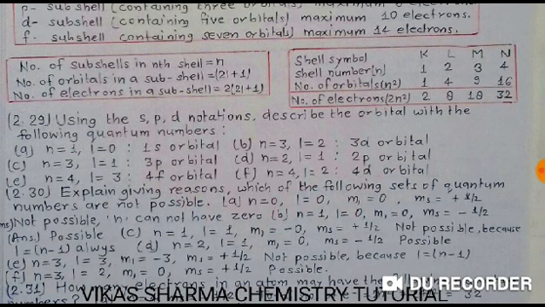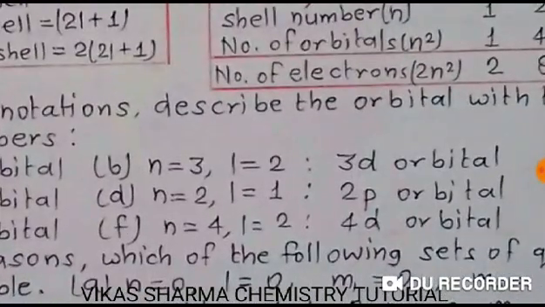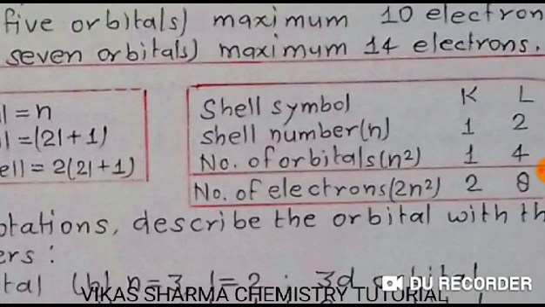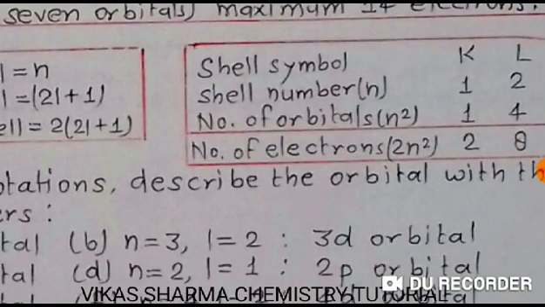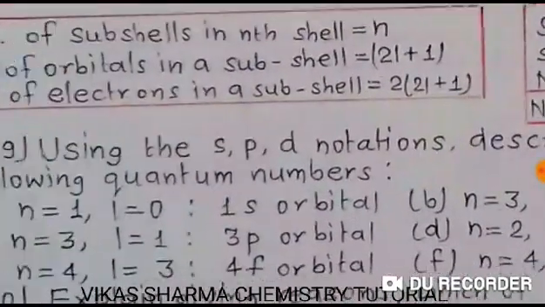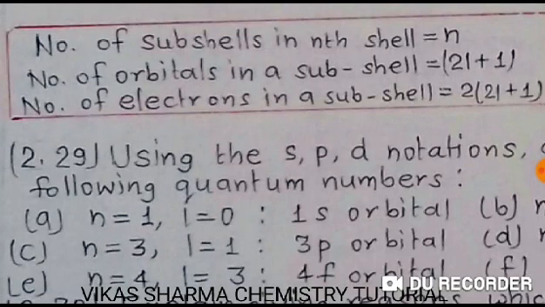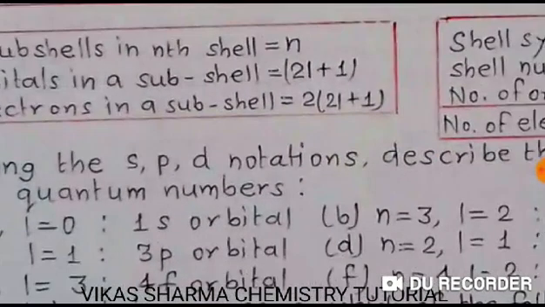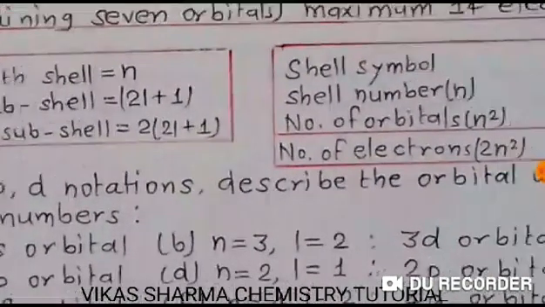Describe the orbital with the following quantum numbers. In the first part, n is equal to 1 and l is equal to 0. 0 belongs to s, and n is the shell, so it is the 1s orbital. Second, n is the principal quantum number 3 and the subshell l is 2. 2 belongs to d, so the orbital is 3d. In the third, the principal quantum number is 3 and the subshell is 1, so it is the 3p orbital, because 1 belongs to the p orbital.